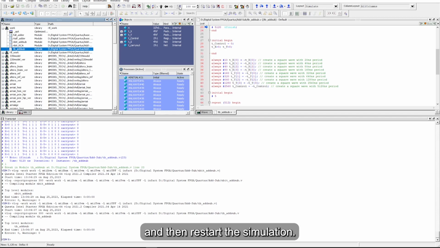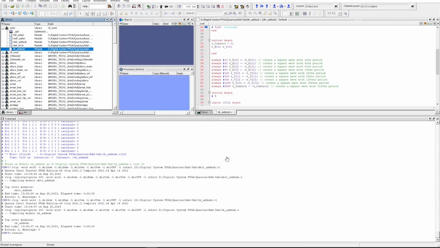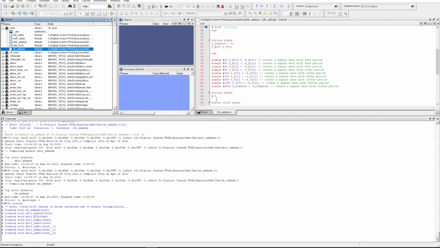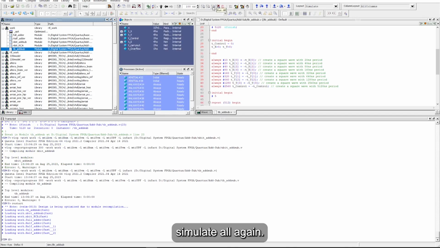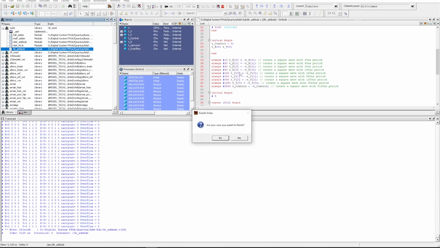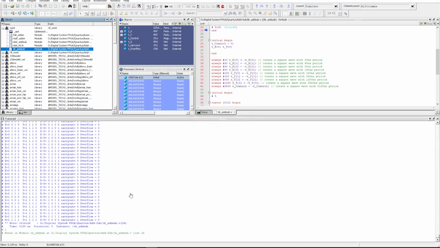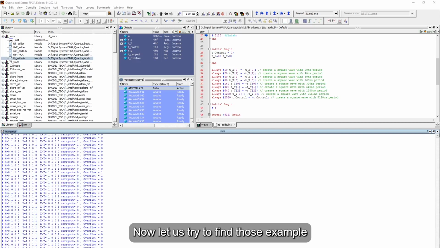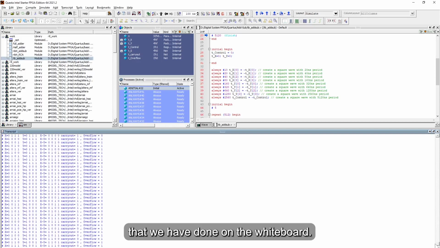And then restart the simulation. So we simulate it all again. Now let us try to find those examples that we have done on the whiteboard.